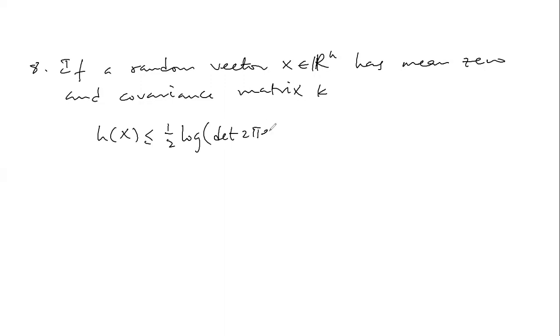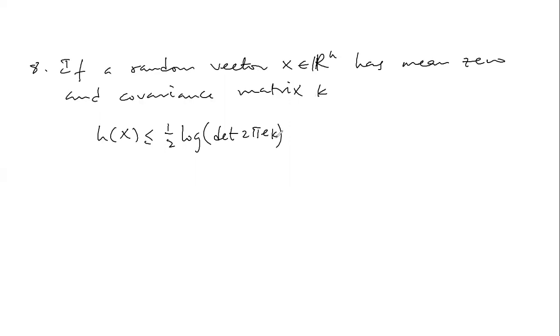Recall, we already showed 2 pi e K. We already showed this earlier for a normal distribution having a 0 mean and a variance or covariance K.